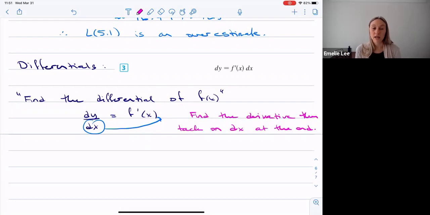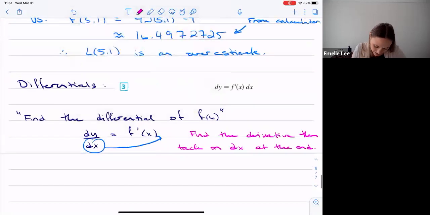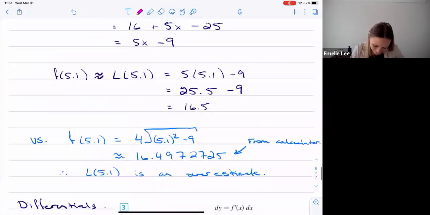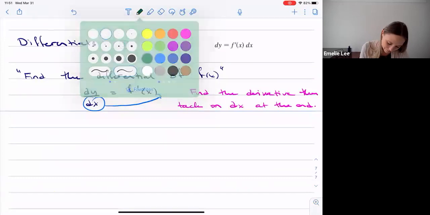That's all you're doing. And when I say tack on the dx, you don't do anything else. So if you want to find the differential of, let's say, x squared, the derivative of x squared is 2x, and then the differential is 2x dx.